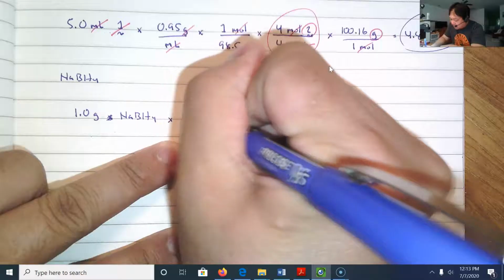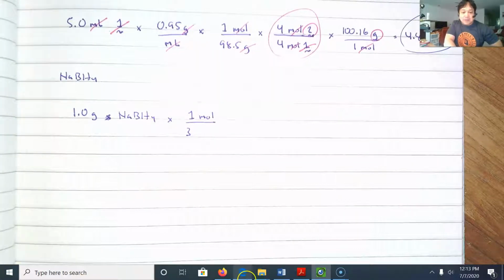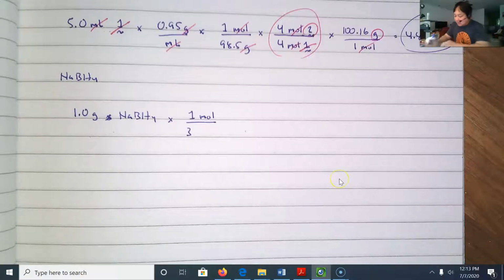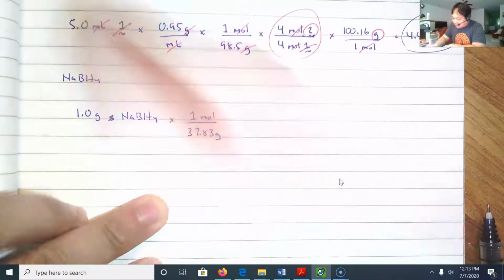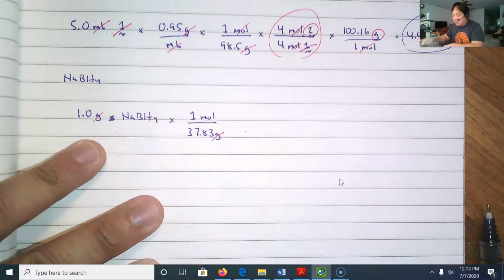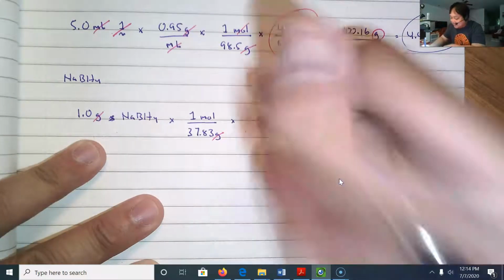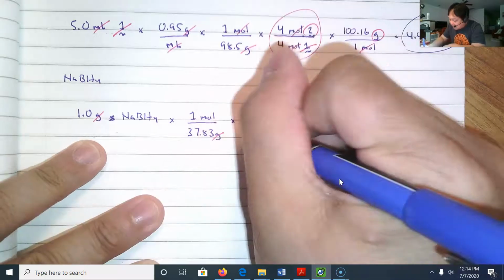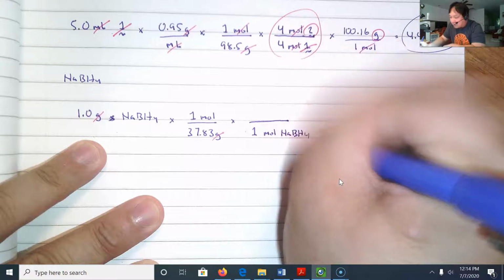For every 1 mole, 37.83 grams. We could cancel along the way. Now I'm in moles of sodium borohydride. The mole bridge. This is so important. I really have to get rid of this sodium borohydride, and I have 1 mole of NaBH4.